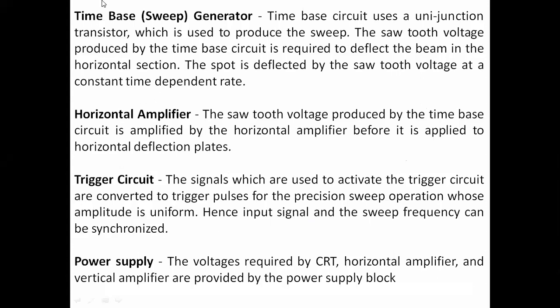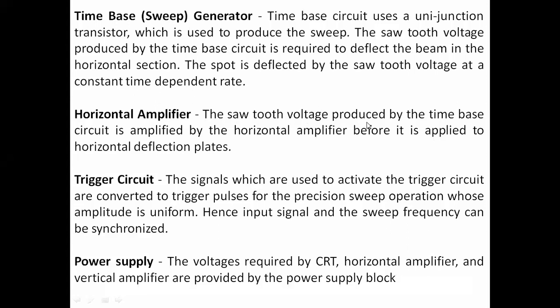The sawtooth voltage produced by the time-base circuit is required to deflect the beam in the horizontal section. To sweep the voltage in the horizontal direction, we use this sawtooth voltage generator. The spot is deflected by the sawtooth voltage at a constant time-dependent rate.